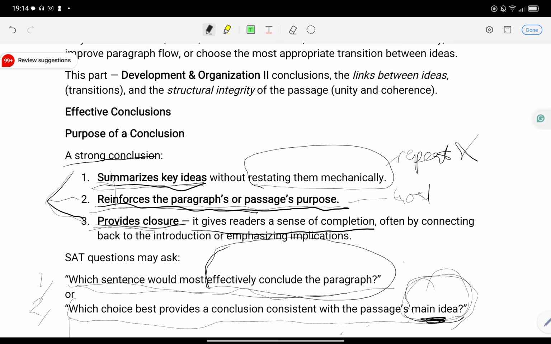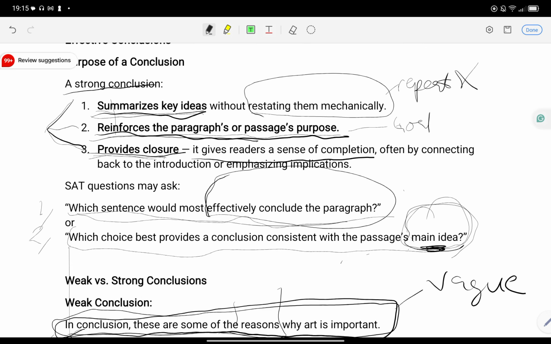Then it should provide closure. That is, it should give the reader the feeling that they have come to the end of the paragraph. Now, the SAT question on conclusion is usually phrased like this. It may not be exactly like this, but it's usually phrased like this.